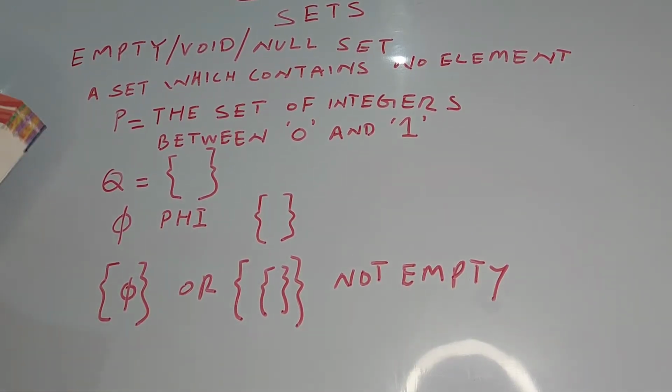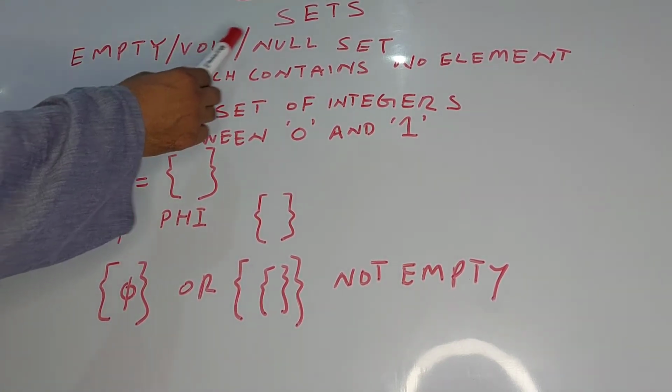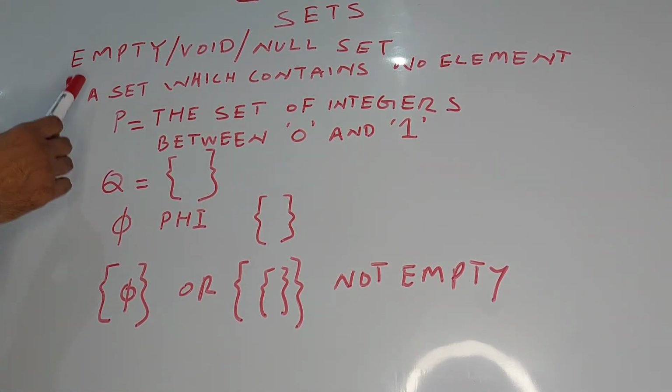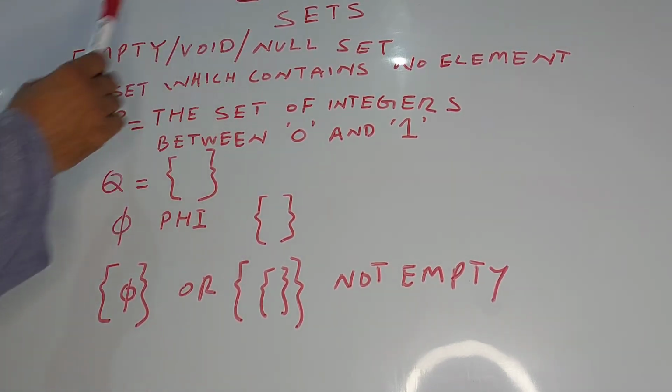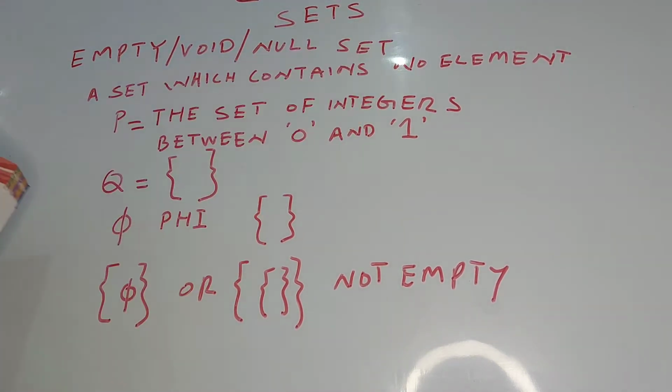Next type of set is called empty set, void set or null set. What is an empty set or void set or null set? A set which contains no element. A set which does not contain any element is called empty set or void set or null set.